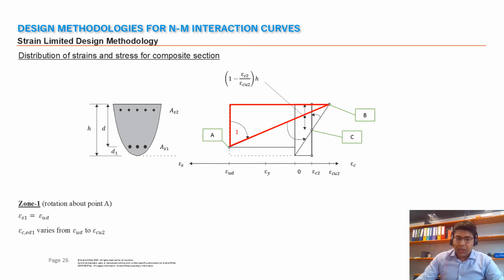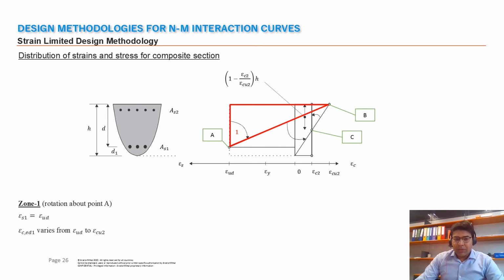A rotation about A is carried out where epsilon S1 is fixed at epsilon UD, so this point of strain of the steel, and the strains are varied from the maximum concrete strain epsilon CU2 to epsilon UD.